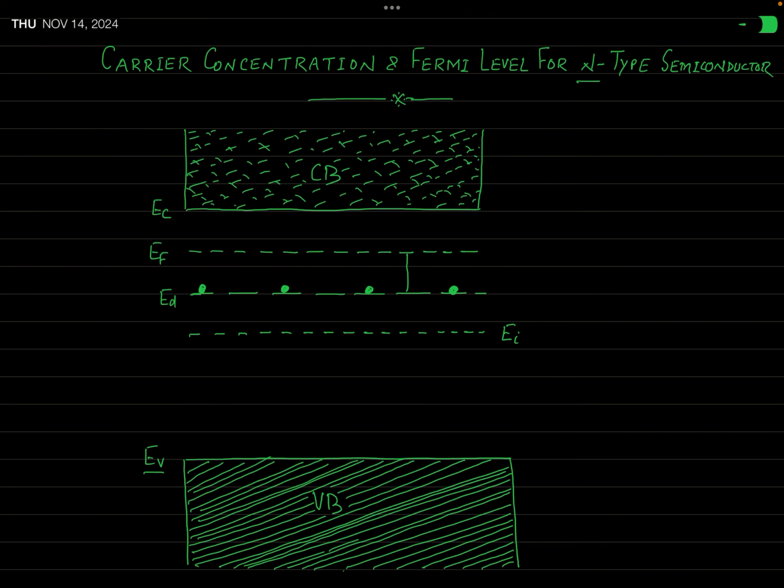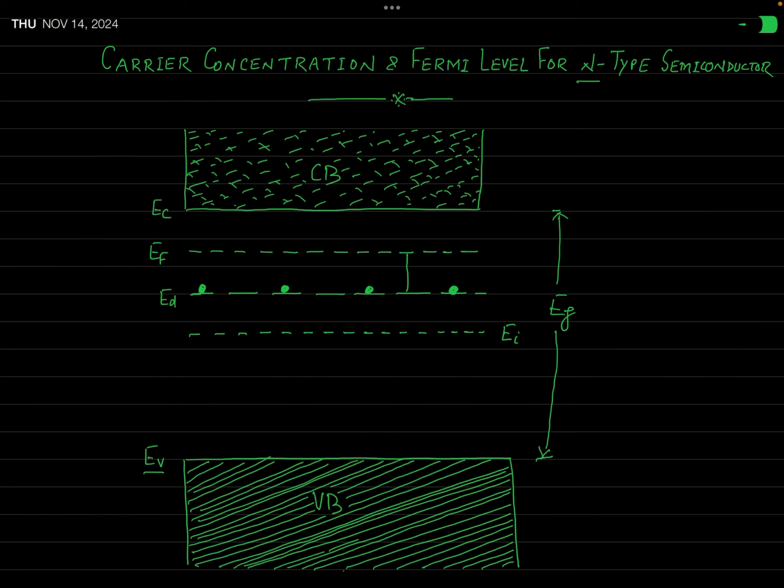This is your conduction band, and the conduction band and valence band are separated by an energy gap which is called forbidden energy gap or band gap, and we denote it by Eg. The bottom edge of this conduction band is at energy level Ec.